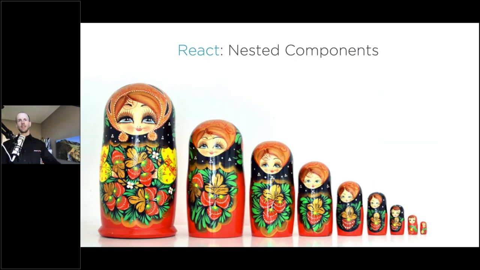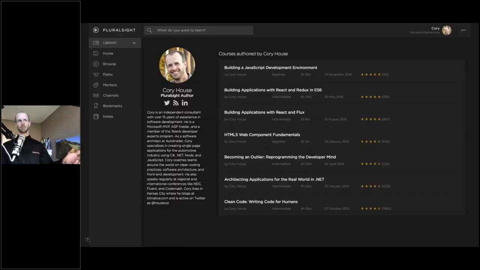And in React, we nest our components, much like the Russian doll model, where you can have one component that ends up getting composed together with a few other components to create a larger portion of the screen. So we could have this page from Pluralsight, where I have a star rating component or an author photo component. These are very simple, as is a navlink component.